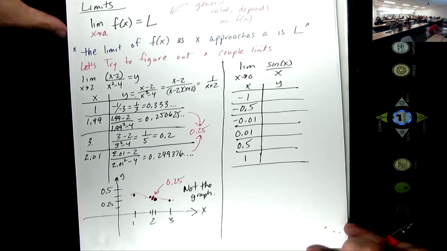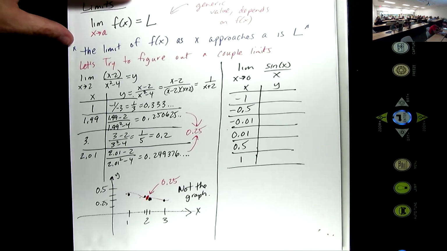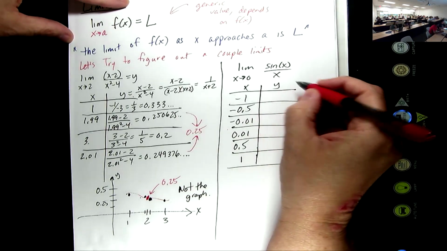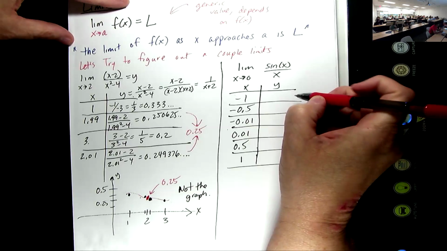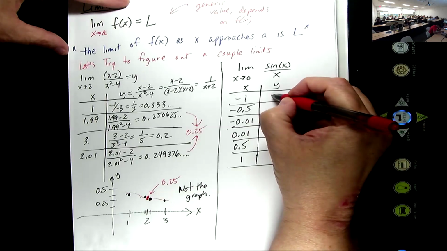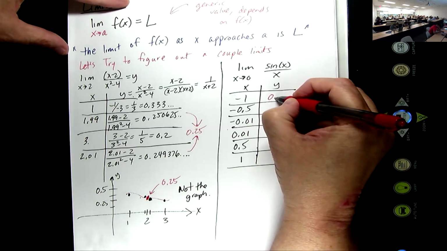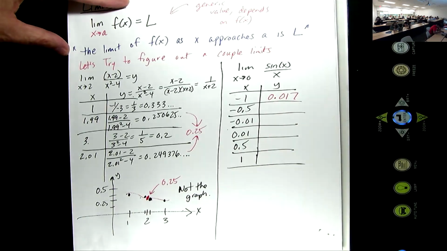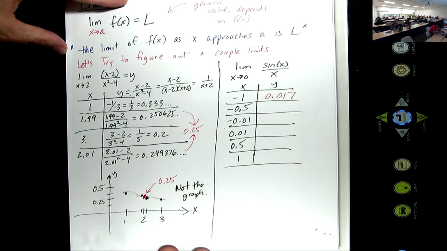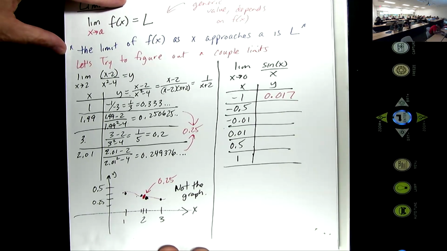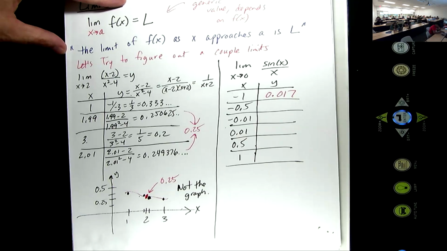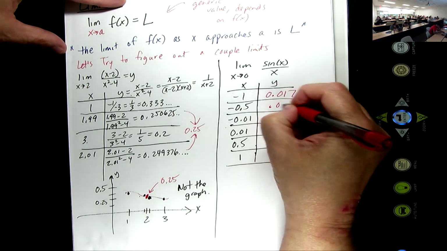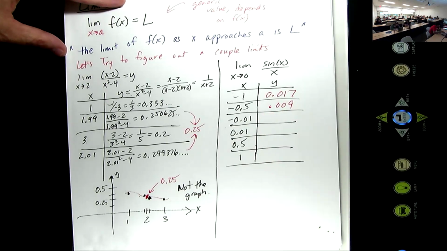I asked you to do it. 0.017. How much do you want me to round to? Let's just do 3 decimal places. 0.017. That was the -1, right? What do you guys get for -0.5? 0.009. It looks like it's going down. Did anyone else get that value?